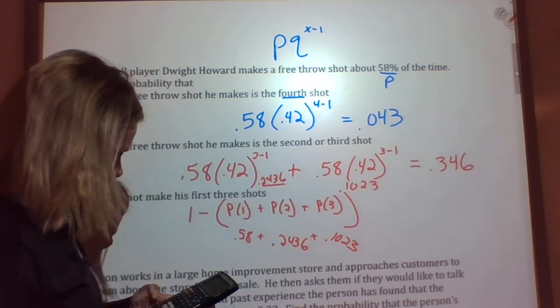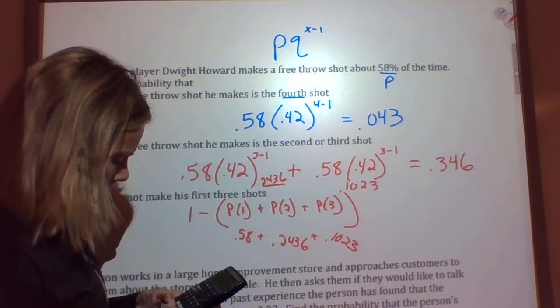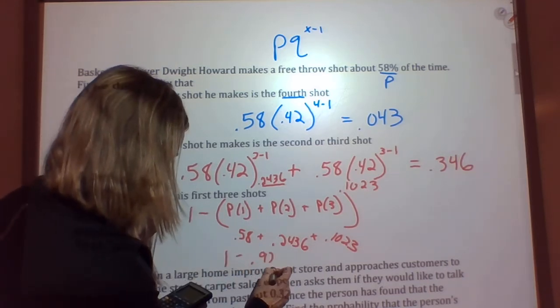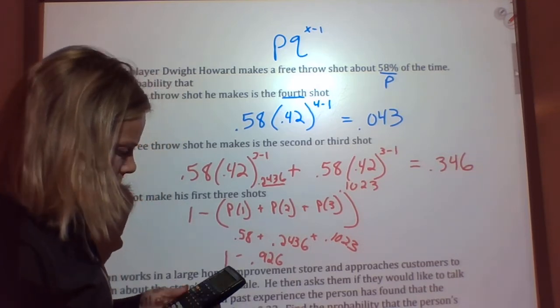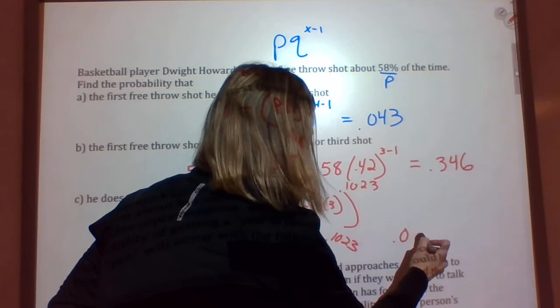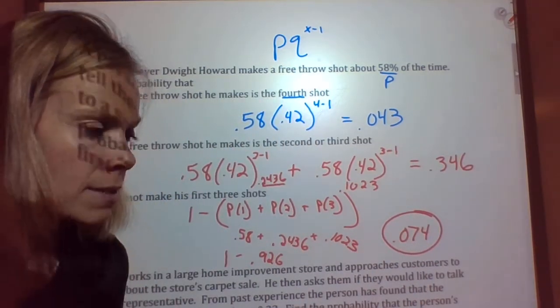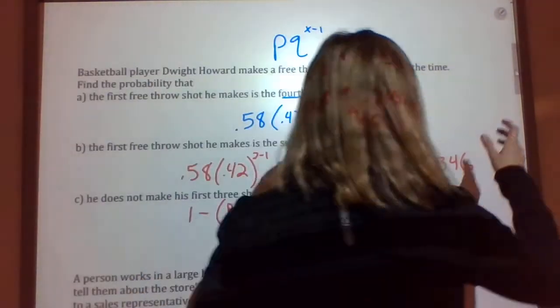Okay, so add those together. Take 1 minus that, and I get 0.074. Okay, so that one, since it's an infinite possibilities, we don't have a limit, you have to do that one by the complement. Let's try one more.